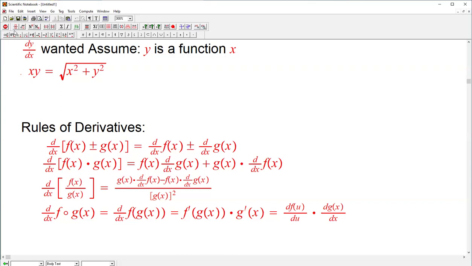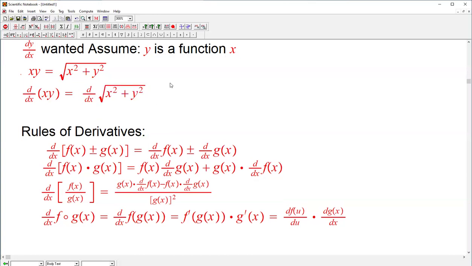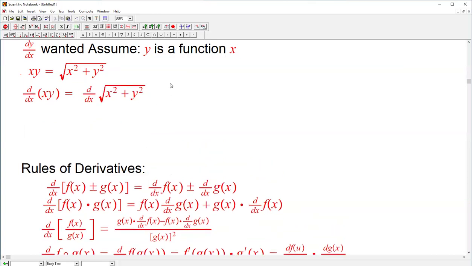The same idea, we're going to differentiate on both sides at the same time. So x times y, I'm going to put them in parentheses, and that equals the derivative of the square root of x squared plus y squared. And we don't need the parentheses on the right side.